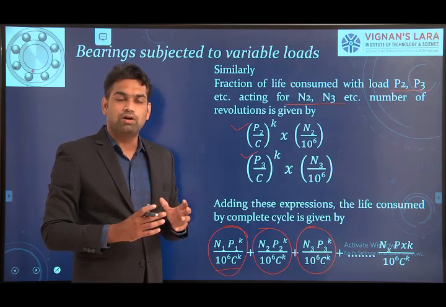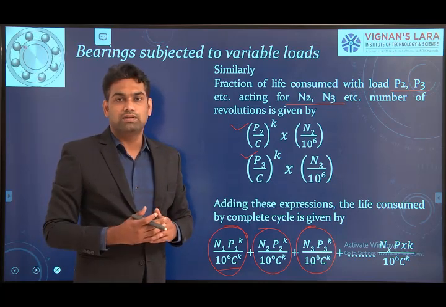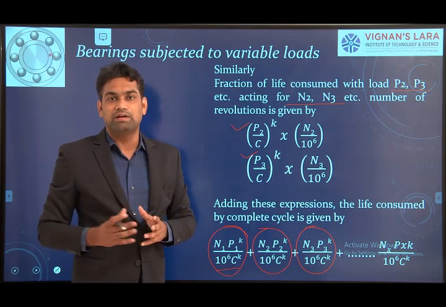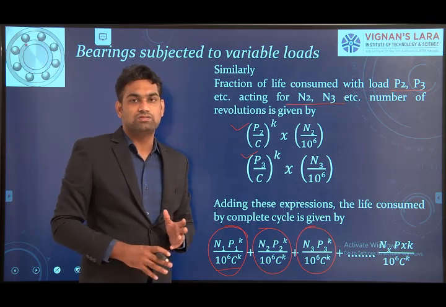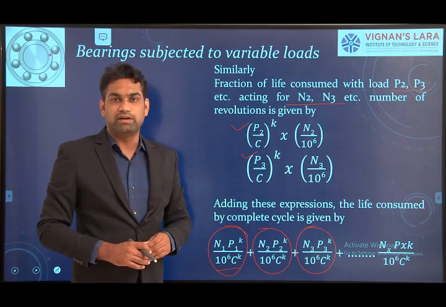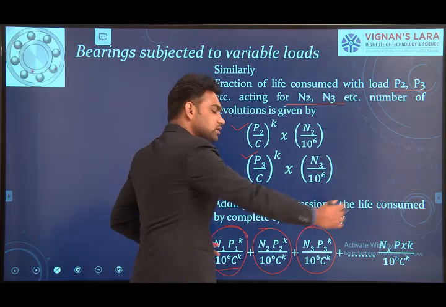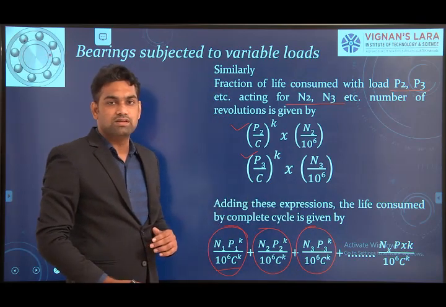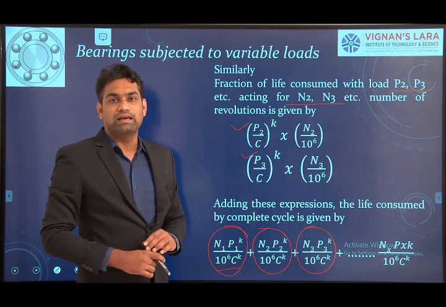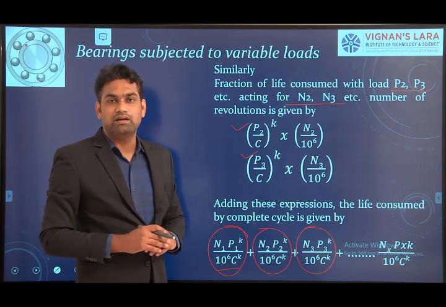So if you want the total life of the bearing during one complete work cycle, take the sum of individual lives consumed during each time interval. So the summation over all the time intervals gives the total life consumed during one complete work cycle.